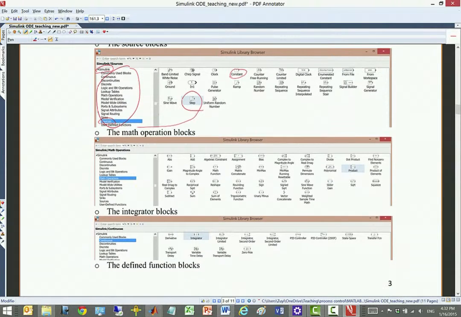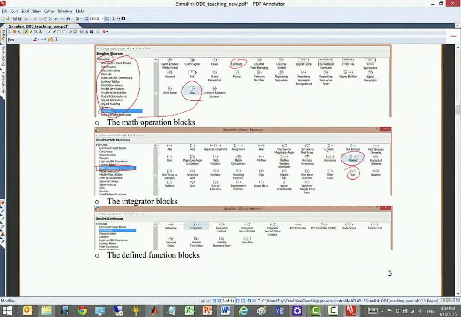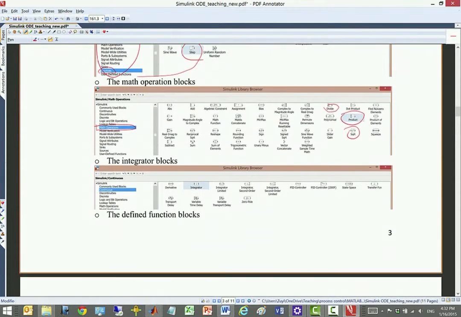Also you could see the math operations from Simulink, for example the product, square root, divide, and other operations. Also, you could see the integrator block from the continuous category. You could see integrator and derivative.